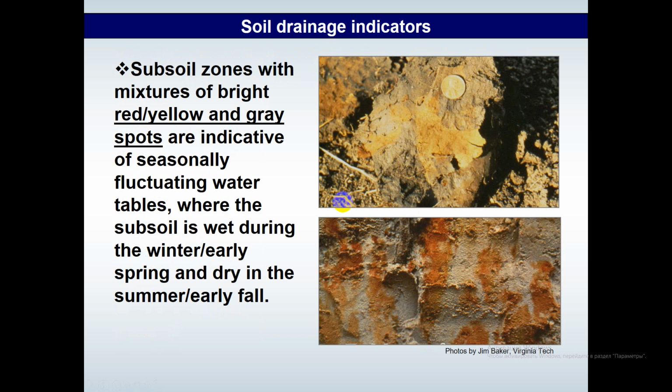Subsoil zones with a mixture of bright red or yellow and gray spots. Here you can see many gray spots, which are indicative of seasonally fluctuating water tables, where the subsoil is wet during the winter or early spring and dry in the summer or early fall.